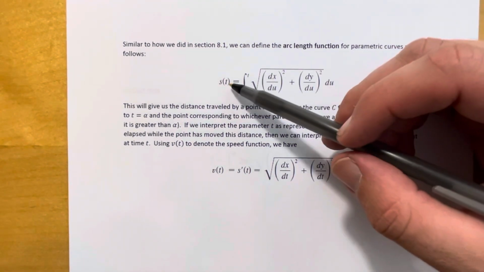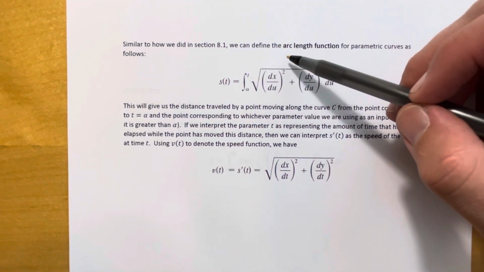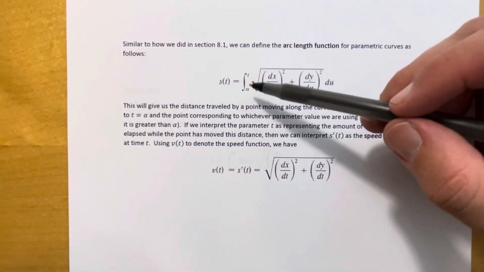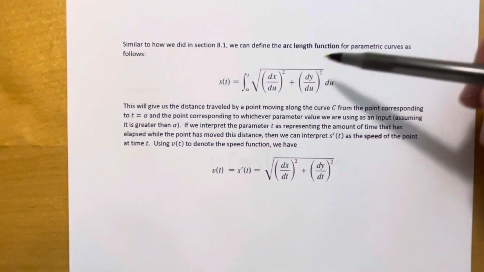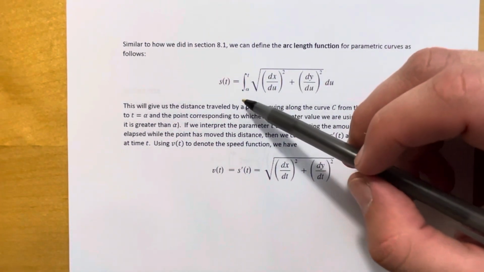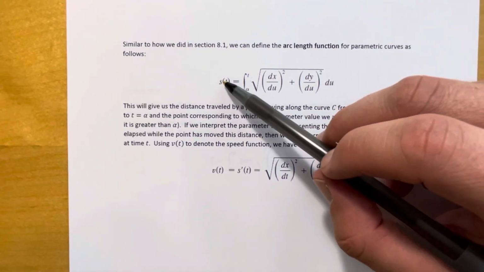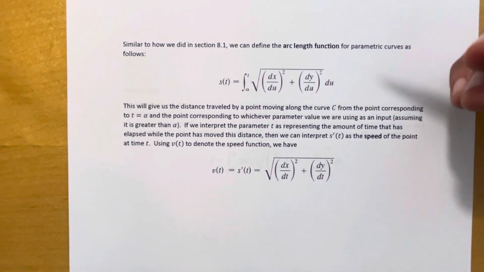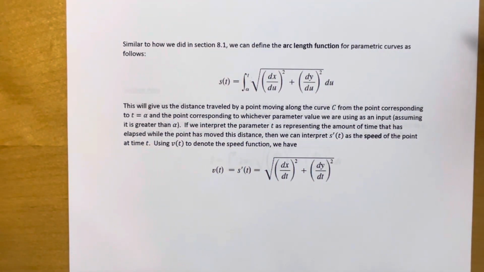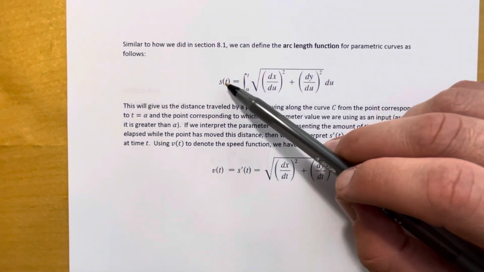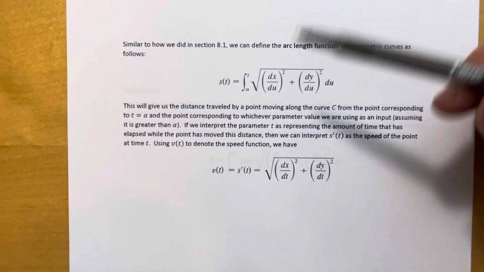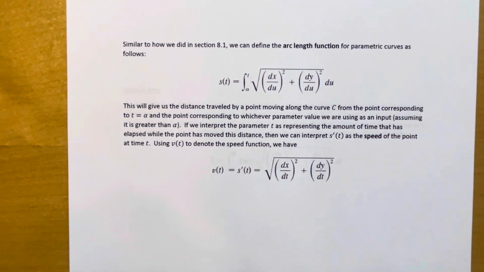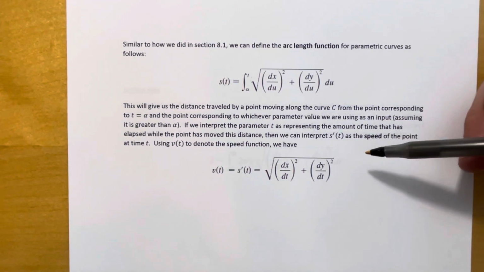So if you think of this parameter t as time, and you think of that arc length as a distance traveled by a point moving along that curve, then if you look at a rate of change, you're looking at the rate of change in distance over time, which we interpret to be speed. So the derivative of this represents the speed of that particle moving along that curve.